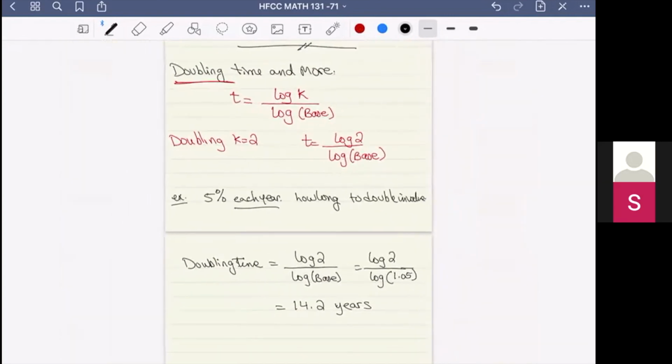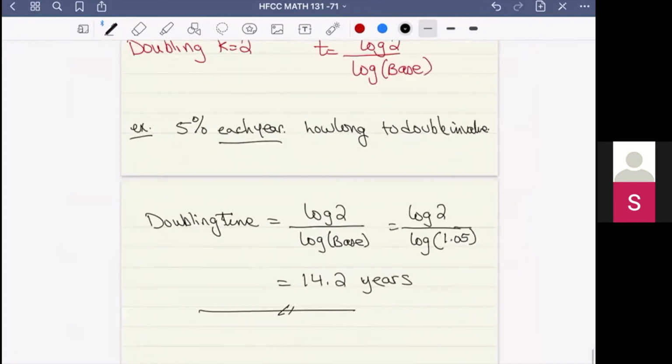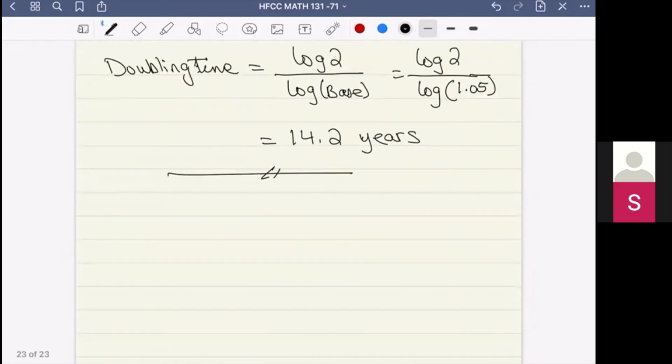So the same formula we're going to use, whether it's doubling, or the other one, the half-life. Remember when we talked about the half-life? Let's say carbon 14 had a half-life of 5,770 years.